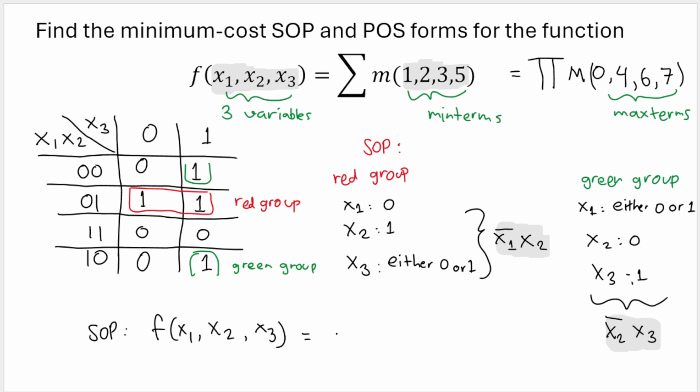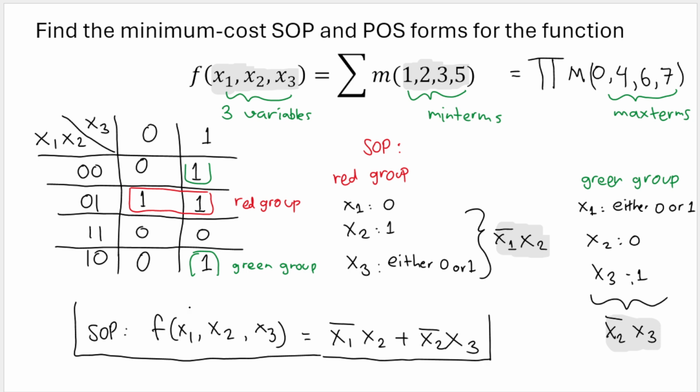So we will have x1 complement x2, plus x2 complement x3. This is the SOP form, and we have done the SOP form here. But we still need to do the POS form.